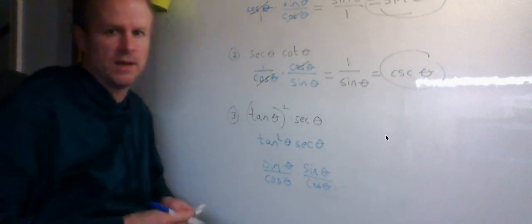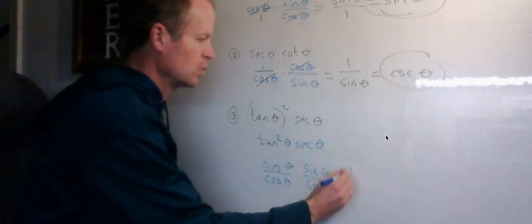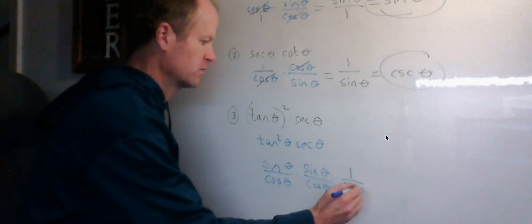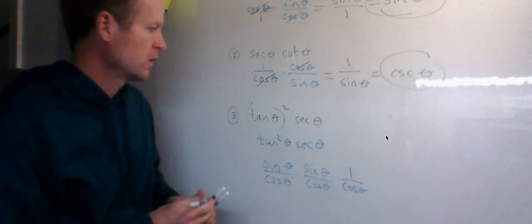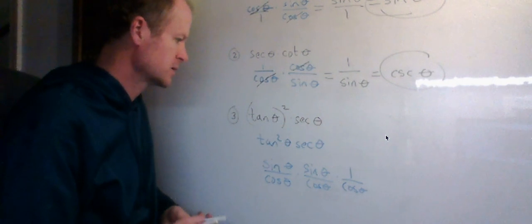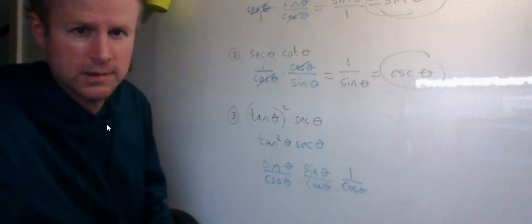All right, and then I have secant of theta. So secant theta is 1 over cosine of theta. So now when I look at this, I need to pause the video to figure out what to do with this problem. 1 second.